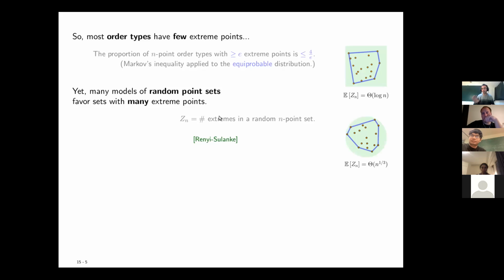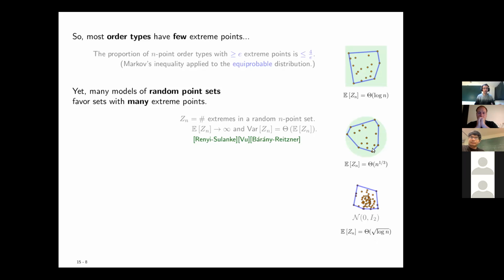Better bounds are known, but I'll stick with the big theta. If the points are taken in a disk, or actually in a smooth convex body, you get n to the 1/3 on average. If you sample according to a Gaussian, you get square root of log n. So in all cases, the expectation goes to infinity.